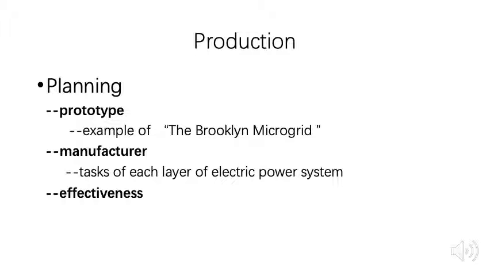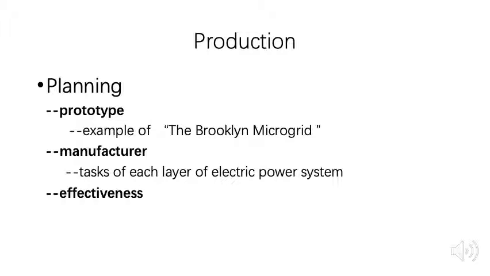The second one is we need to choose suitable manufacturers. The third one, we need to make sure of the effectiveness of this product. For the first one, I think we can use the example of the Brooklyn microgrid as a model. I know that this example is a successful example.